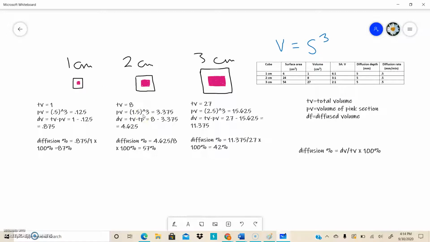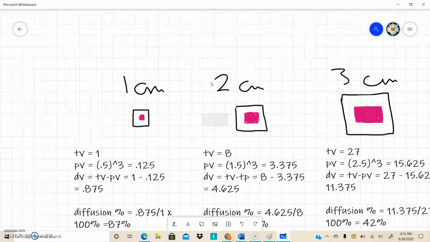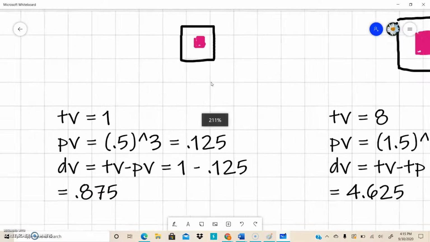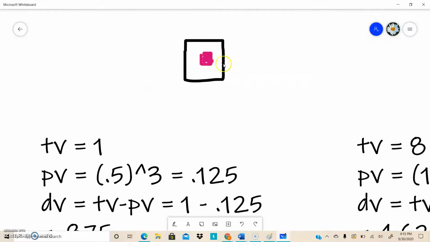To find the pink volume of each one, all you have to do is account for how much the diffusion depth was, and then subtract that from the initial side. So if we're referring to cube number 1 with the side of 1 centimeter, after the diffusion, we are going to work with 5 millimeters less.